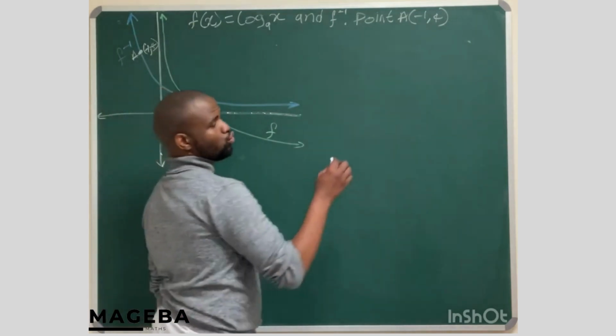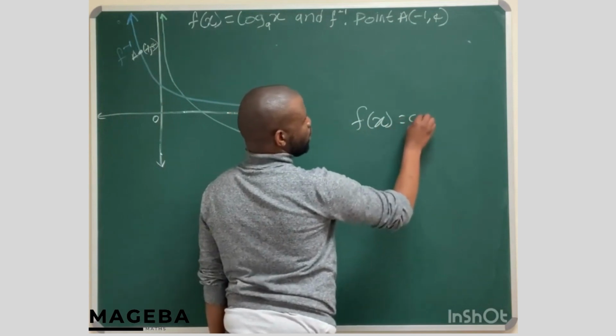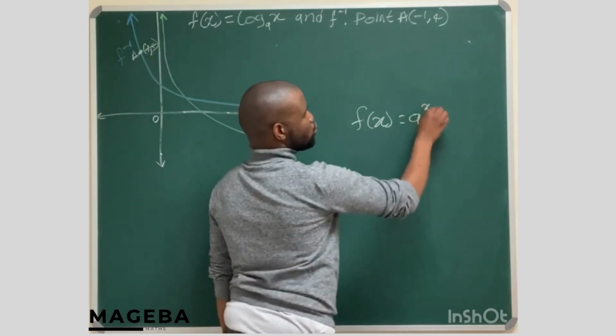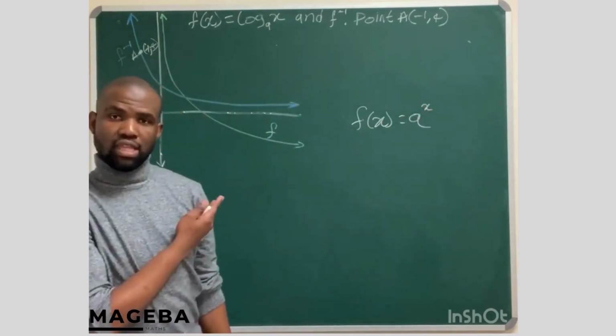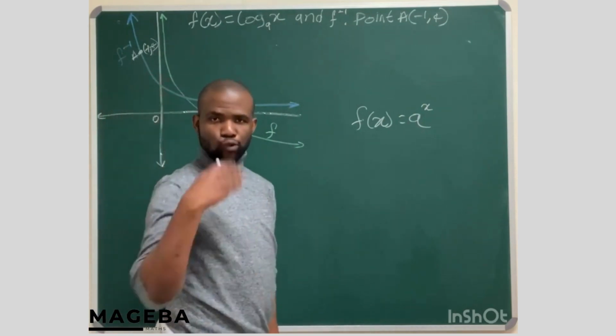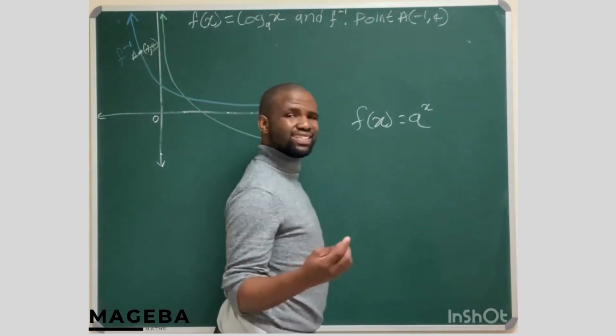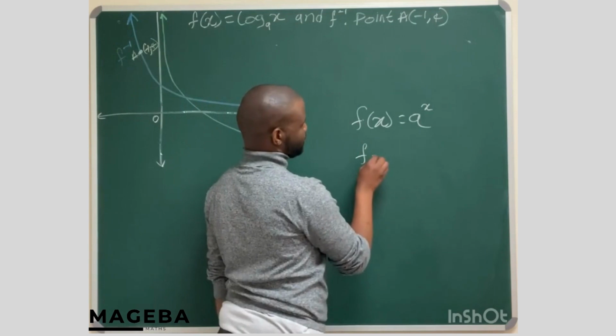Remember, you usually know it as f of x equals a to the x. That's usually the f that they give you. But now they give you the inverse in terms of the original function.